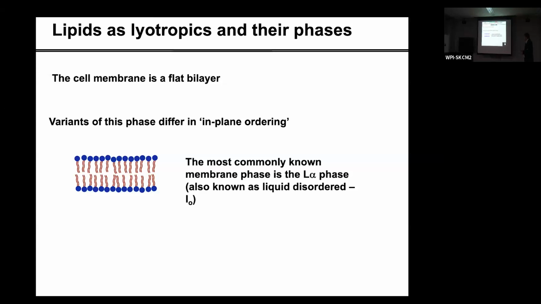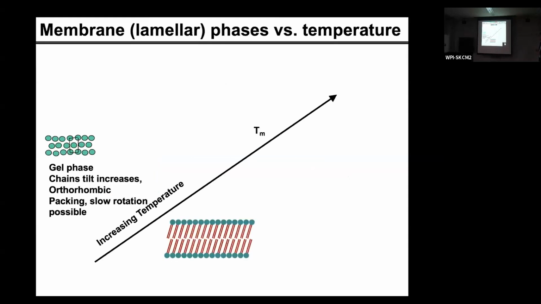And so the most common type of phases that these lipid molecules can form is called L-alpha phase, where the molecules are free to move around each other. So it's a two-dimensional fluid, but of course they preserve this bilayer nature, which has very important biological functions, as we know.